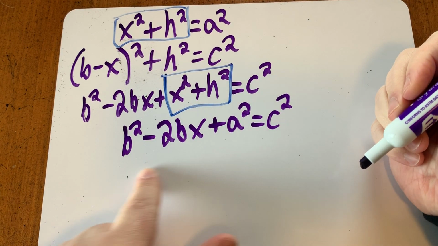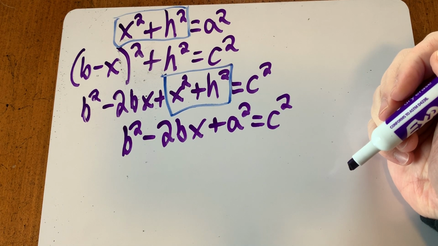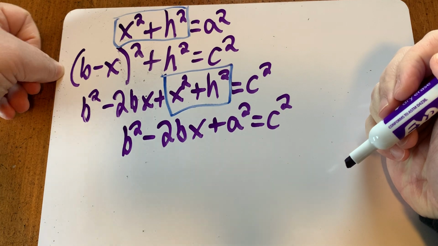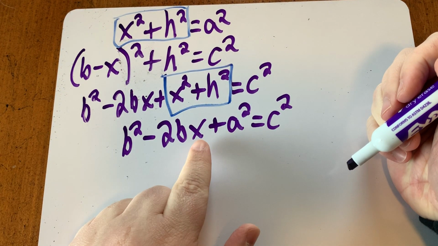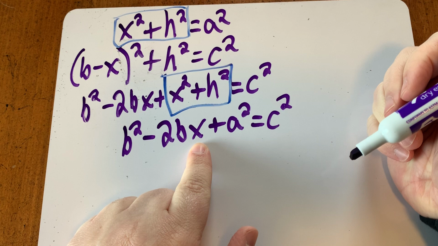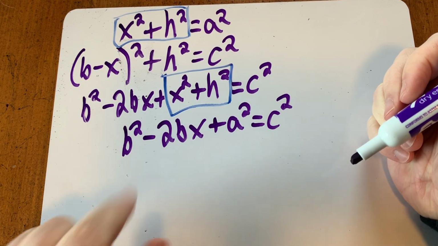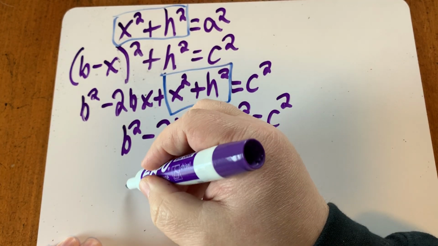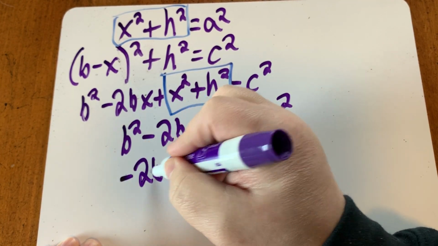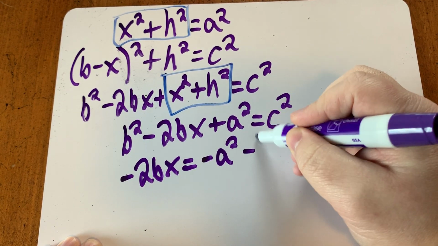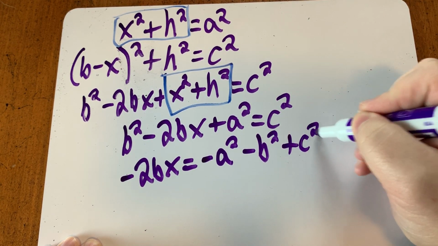And now we have an equation with only one thing that we don't know. This first equation had two things we don't know. The second one had two things we don't know. But this one, the only thing we don't know is x because we know the three side lengths. So we can isolate that x. Subtract a squared, subtract b squared, and divide by negative 2b. So negative 2bx equals negative a squared minus b squared plus c squared.